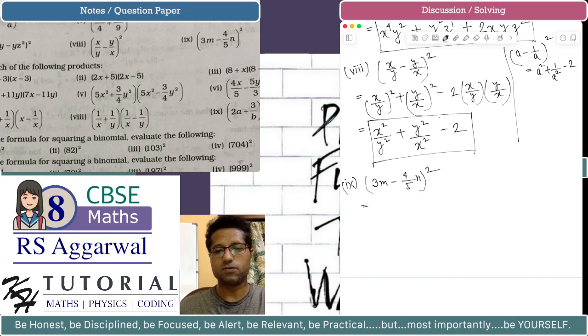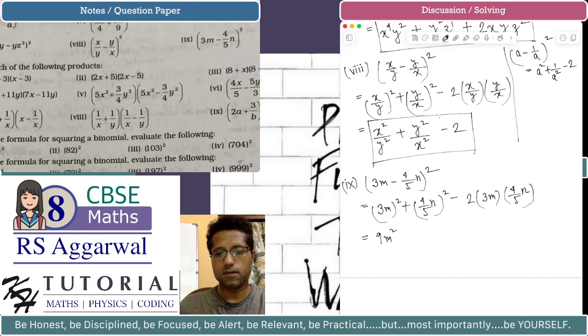So this is (a minus b) whole square, which is equal to a square plus b square minus twice of a multiplied by b. 3m square is 9m square plus 4 by 5 n square is 16 by 25 n square, and minus 2 into 3m into 4 by 5 n is equal to 24 by 5 mn.